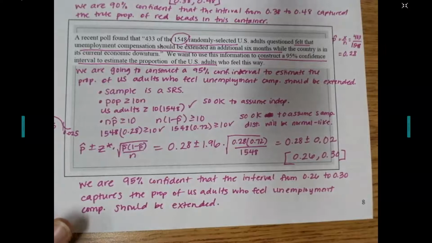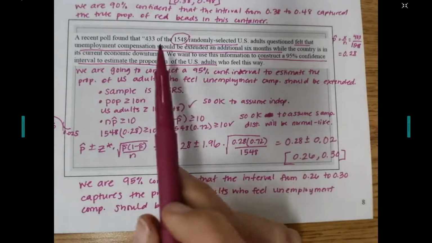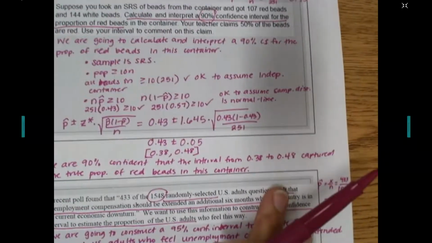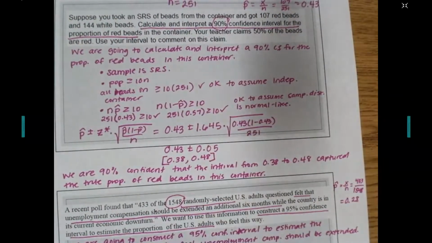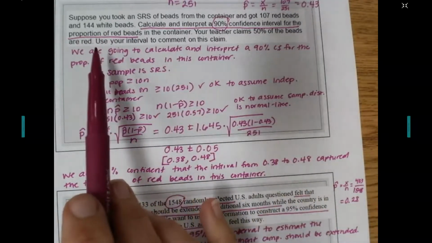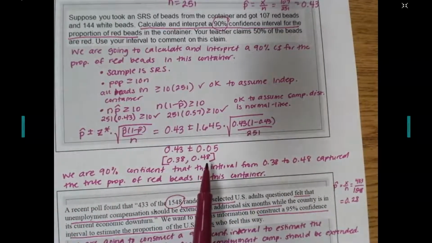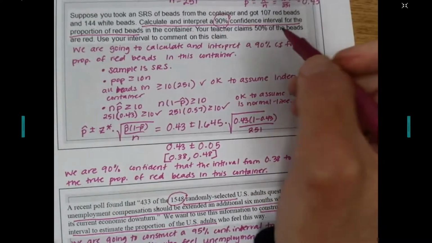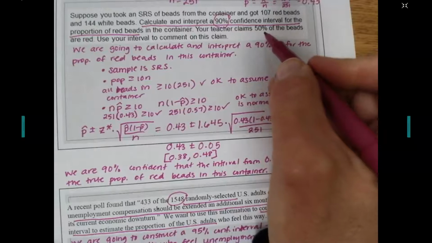Okay, now I just noticed I didn't finish the last question. So on this one, it just wanted us to find the actual parameter. But on the last one, I just happened to glance up there and realize I didn't answer the last question. The last question says, your teacher claims 50% of the beads are red. Based on the interval I found, is 50% a plausible value? No, 50% is not in this interval. So if I were commenting on this claim, I don't think the teacher knows what they're talking about, right?